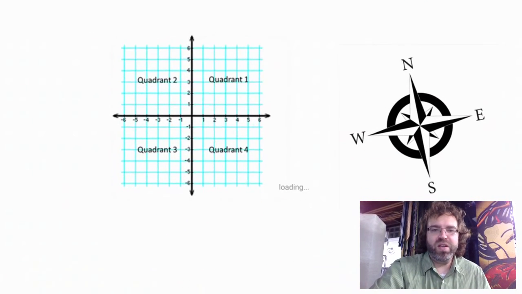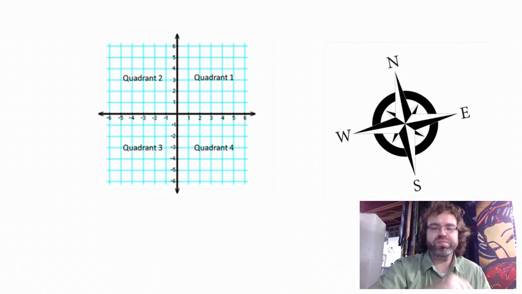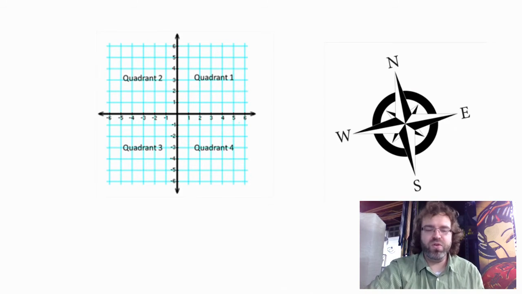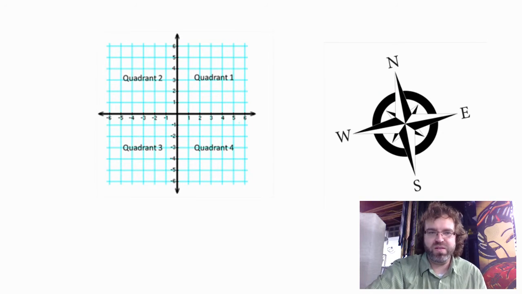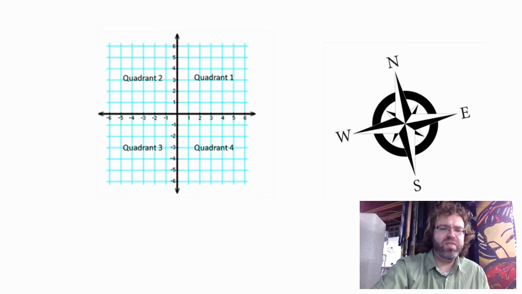What we'll more commonly use is a quadrant system, but not quadrants 1, 2, 3, and 4 necessarily like you might be familiar with in math, but more of a north-south, east-west type of quadrant system. Somebody's going to go northwest or southeast. Those are the directions we'll be using more often in physics. So let me give you an example of that.